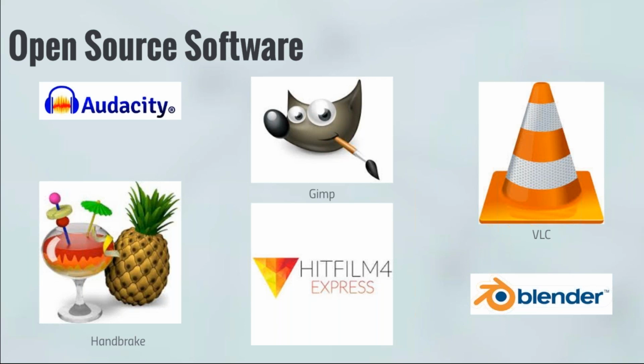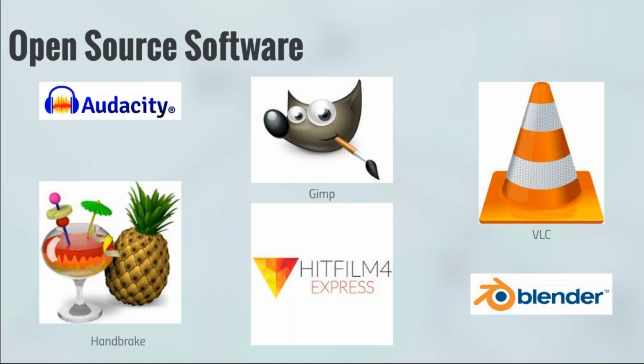Handbrake, which is a media encoding program, so you can compress your videos to publish them where you need to publish them. HitFilm 4 Express is a free version of a program called HitFilm 4, which is a very, very good community video editing program, similar to Premiere.